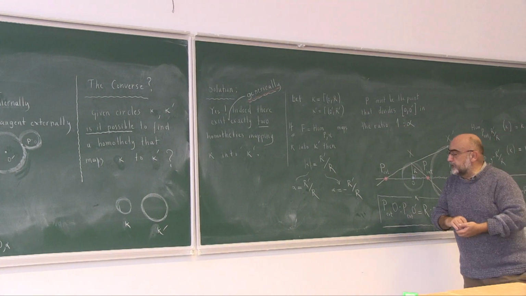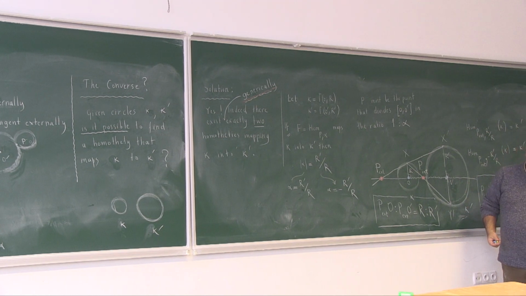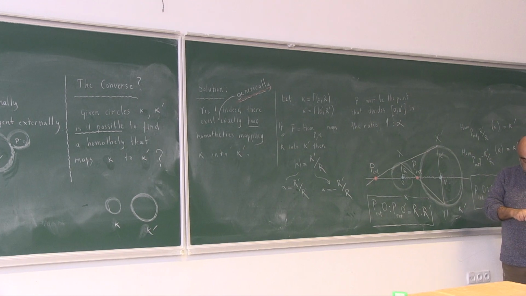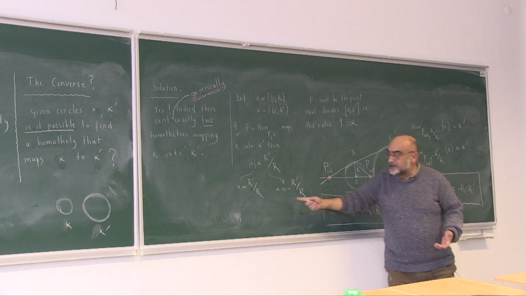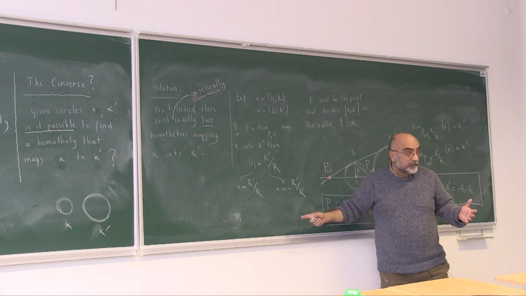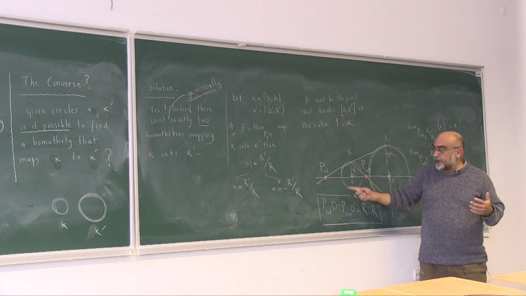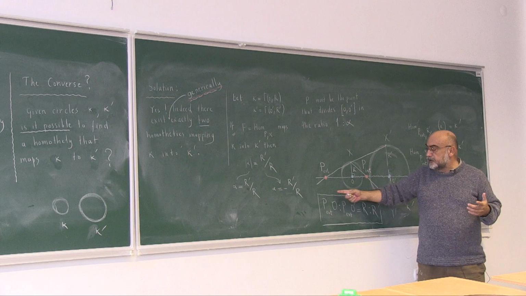Remember, how did we construct these homotheties? Well, by simply noticing that the ratio of similitude can take two values, possibly. And then, having found this for each ratio of similitude, we have placed the center of similitude, center of homothety.